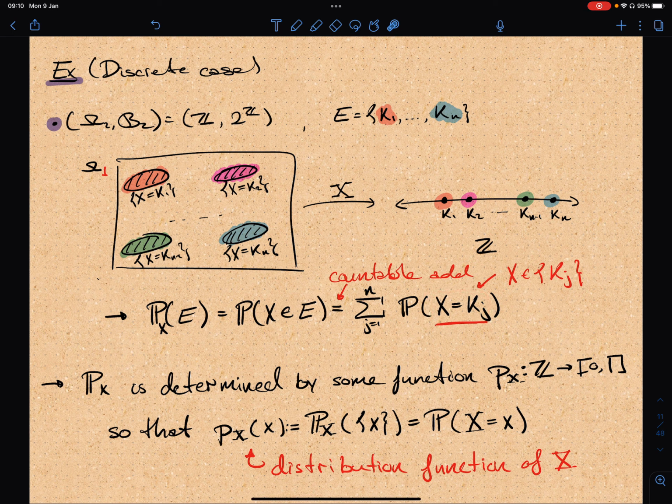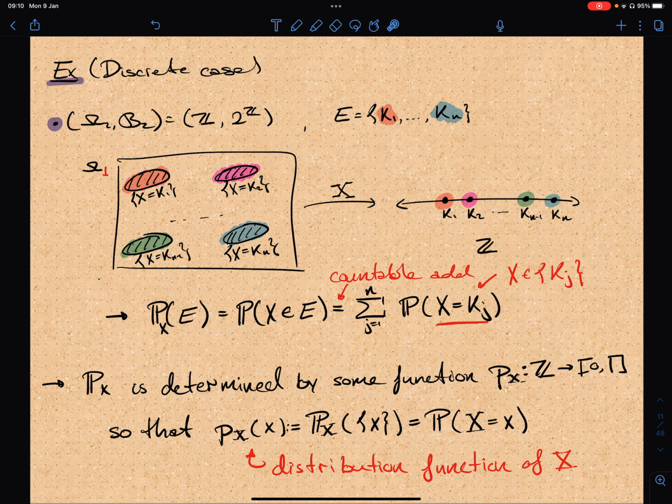For any event E, we can just decompose it as the sum of these terms, where the k_j's are the different elements in E. So from this example, we see that the distribution function of X is determined by some function p sub X from the integers to [0, 1].